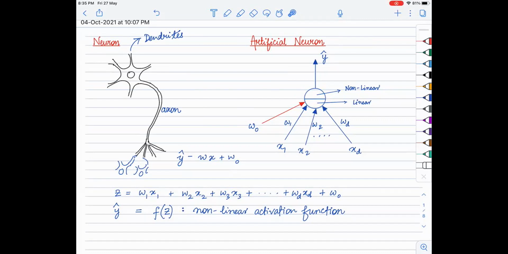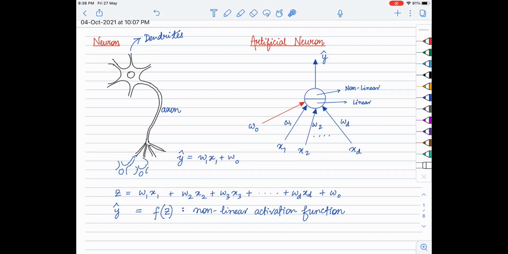So the first part is a line. This is nothing but a line in higher dimensions. In lower dimensions, when you have only one dimension, a line is just w1 x1 plus w0. That's it. This is the slope along x1 and this is the intercept.